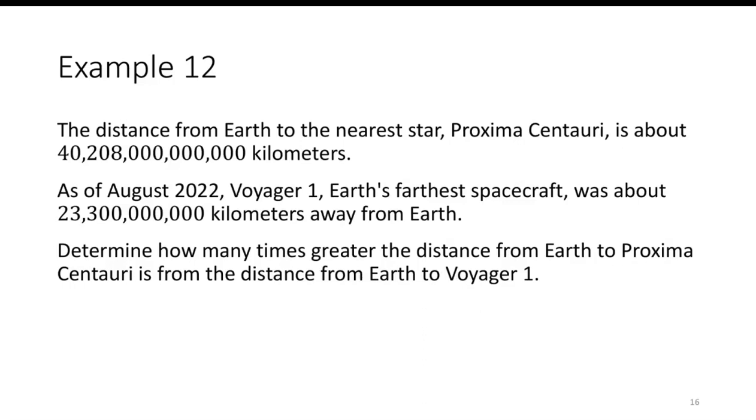So basically we're dividing. And it works well to divide these using scientific notation. So the first one here was 4.0208 times 10 to the 13th. The second one here, that would be 2.33 times 10 to the 10th.